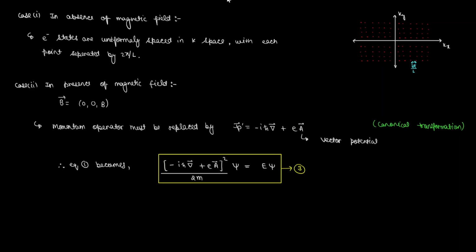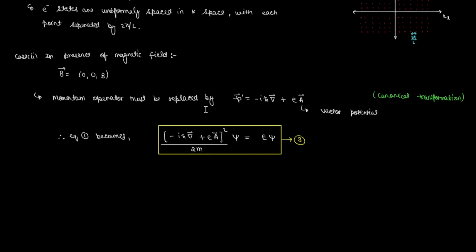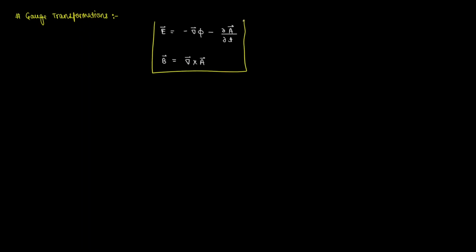And for that, we will introduce the concept of gauge transformation used in electromagnetic theory. You must have studied in your electromagnetic theory that the electric field and magnetic field can be represented as a function of scalar and vector fields. Here phi and A are gauge fields which are not unique.